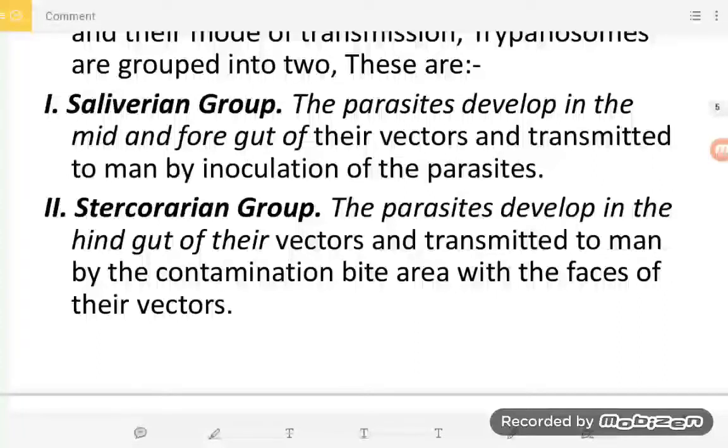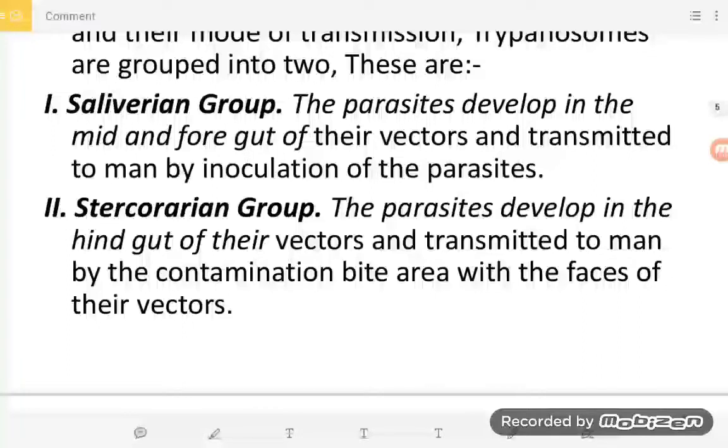So normally, if the parasite is present, it may pass with the stool shed by the vector. At that time, it may transmit when they take the blood meal.